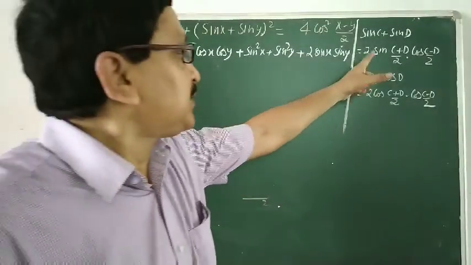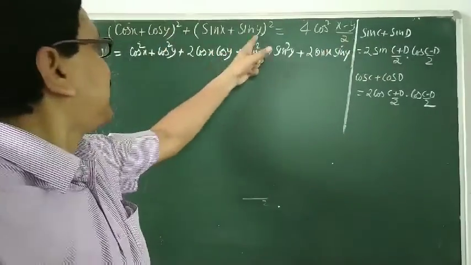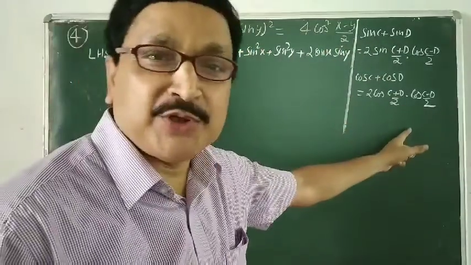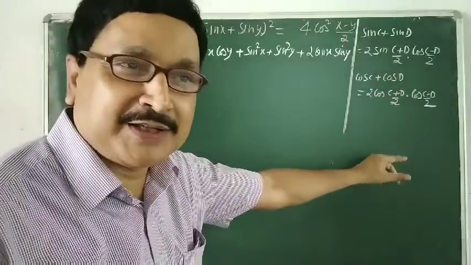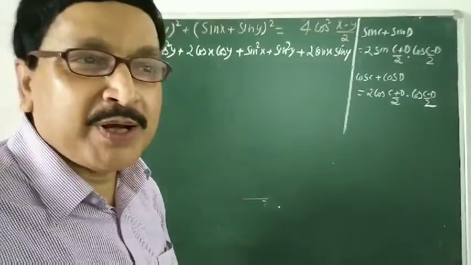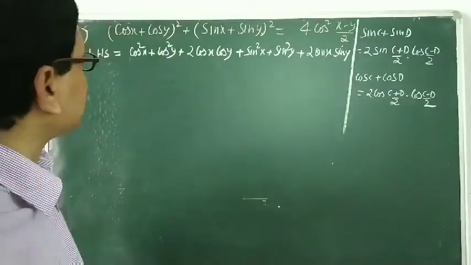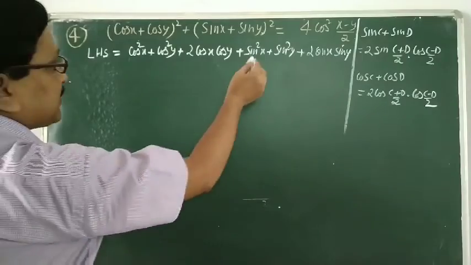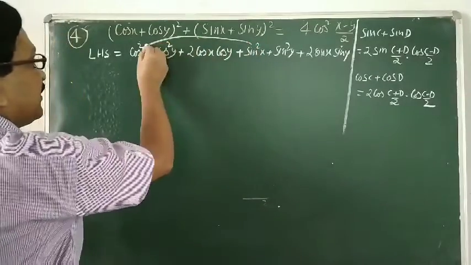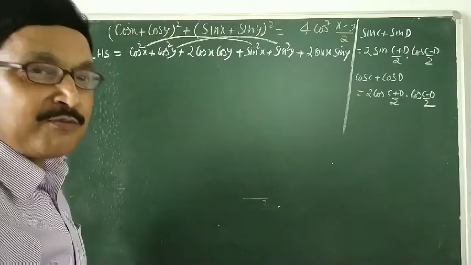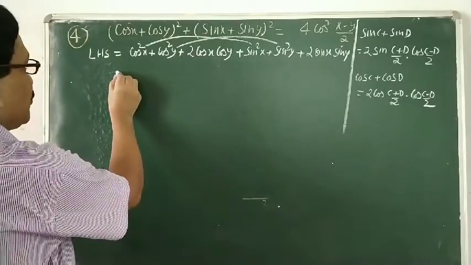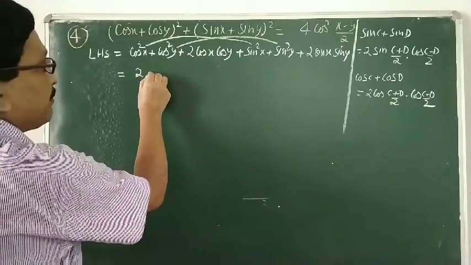In the book, this sin c plus sin d and cos c plus cos d has been used. So I am neglecting this formula. See how the problem is answered. Now see, cos square x and sin square x make 1. Cos square y and sin square y will make 1. So 1 plus 1 is 2. Write 2 plus.